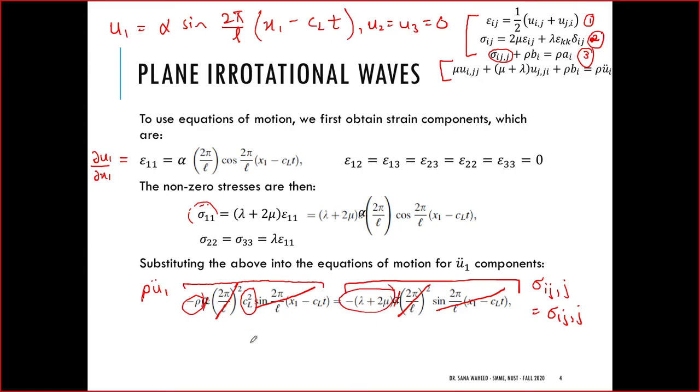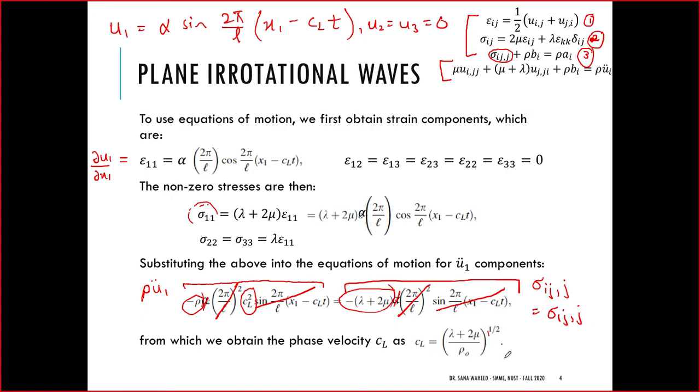So simplifying this, we can find what exactly this phase velocity, the velocity in the wave equation that I mentioned, is for our longitudinal wave. That's going to be equal to lambda plus 2 mu divided by rho, to the power half.